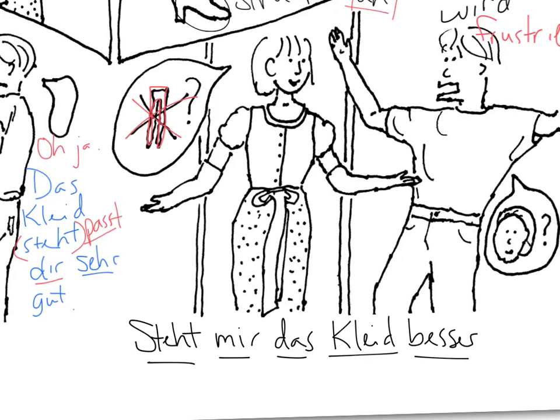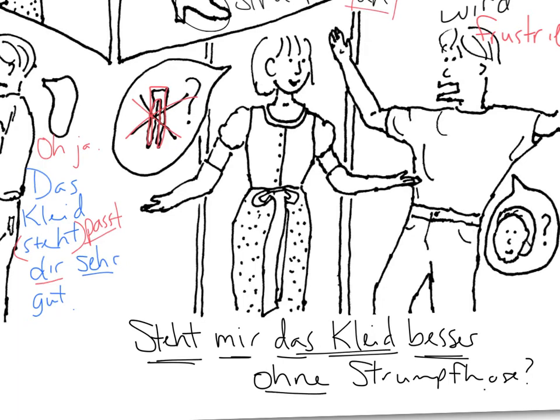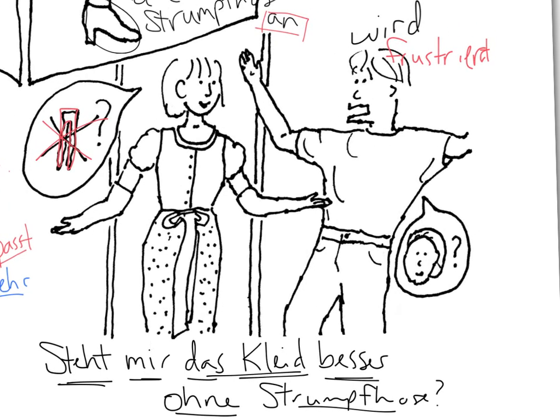And the word without, I believe we've talked about this in class, is ohne. Ohne means without. Strumpfhose. Steht mir das Kleid besser ohne Strumpfhose? Looks on me the dress better without pantyhose? Und dann, Michael wird frustriert.